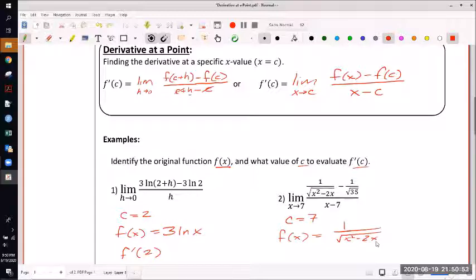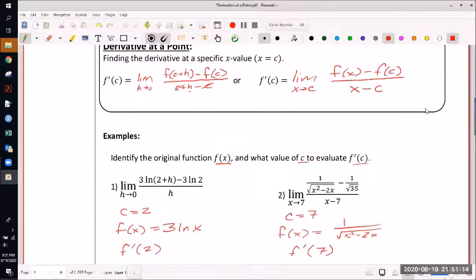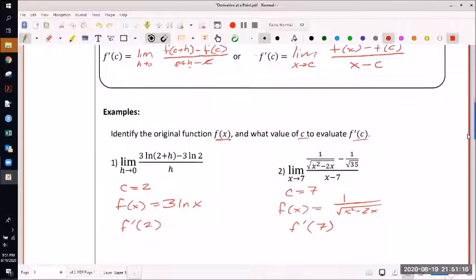So 49 minus 14 is 35, 1 over the square root of 35. And in fact, that's what we get. And we see we have the x minus 7, the x minus c in the denominator. So this limit here seeks the derivative of f at x equals 7. Okay? It's just a matter of matching up the patterns here.